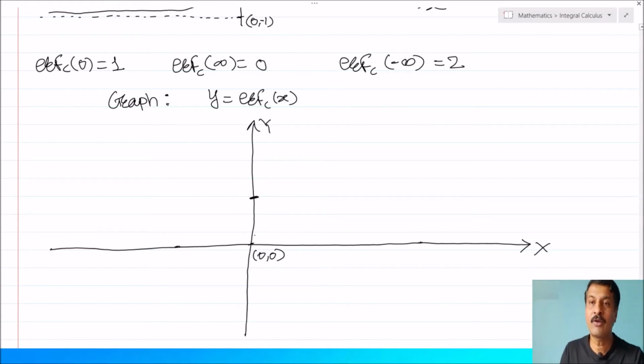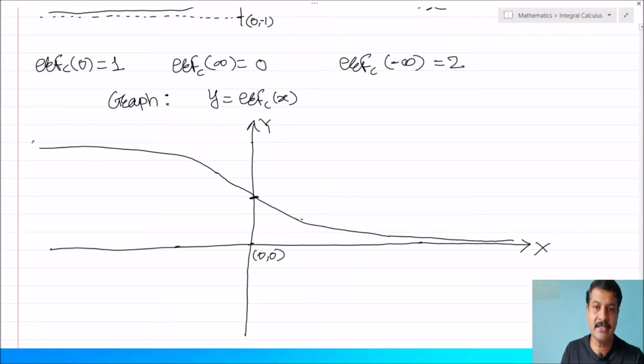And complement of error function of minus infinity is 2. So here 1, so here I am getting 2. So from 2 it will start. So I am getting the graph like this, because maximum value is 2 and the minimum value is 0.